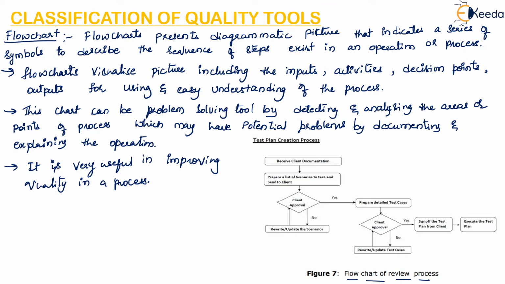Then comes client approval. If the client approves, we go to the next step. If not, we rewrite or update the scenarios. In the same way, this flow chart flows through the different steps carried out in a process. So this is an example of a flow chart.